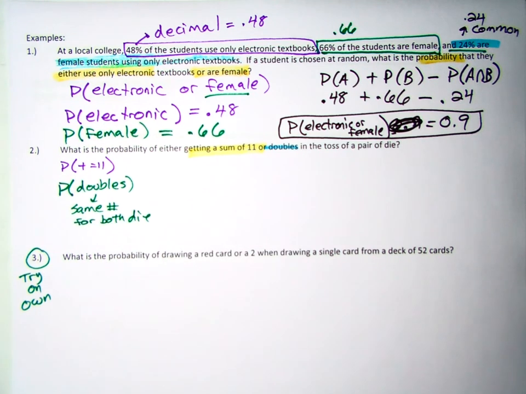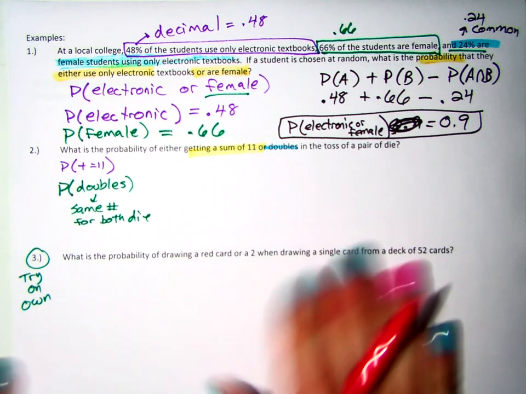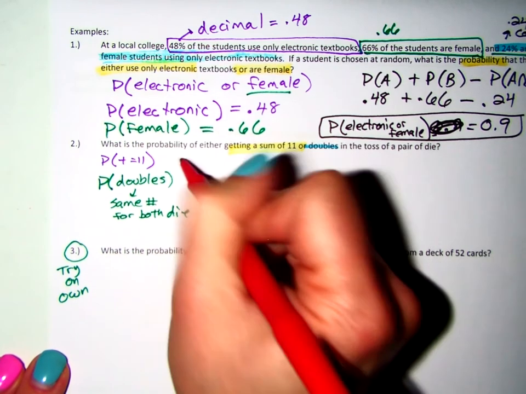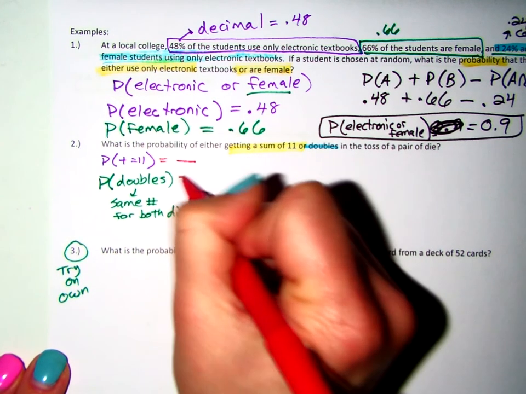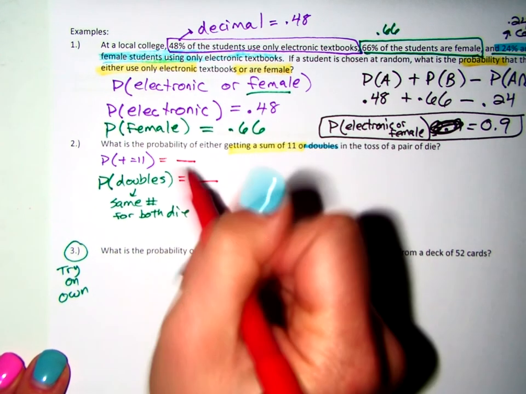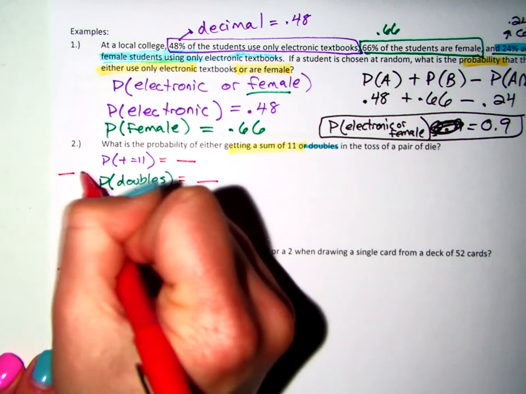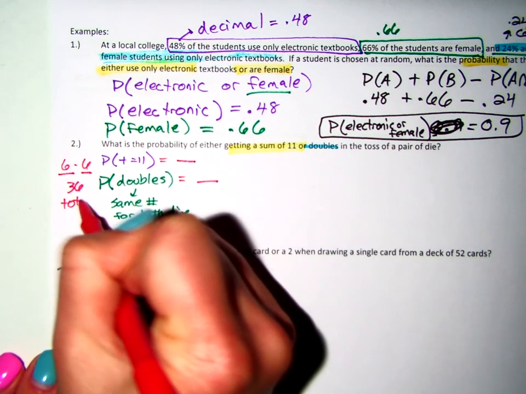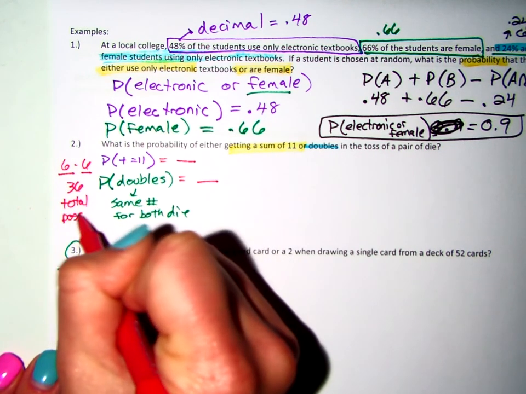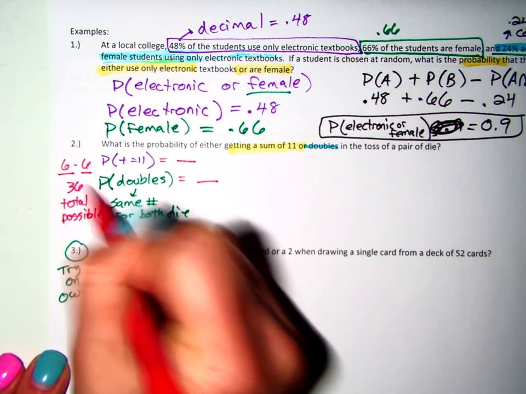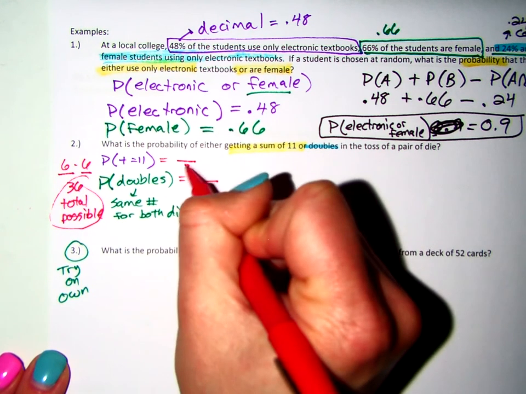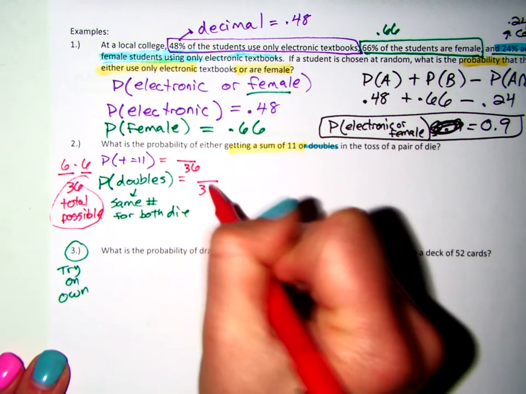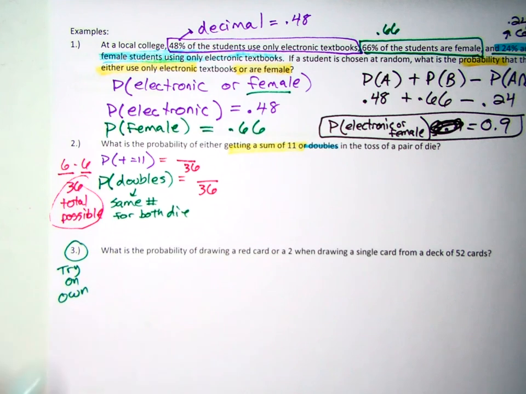If I'm going to do probability, again, we should start out with what is the total. So we're rolling 2 die. So 6 times 6 means 36 is the total possible combinations. So I know right away that the denominator on the probability for both of those will be 36.